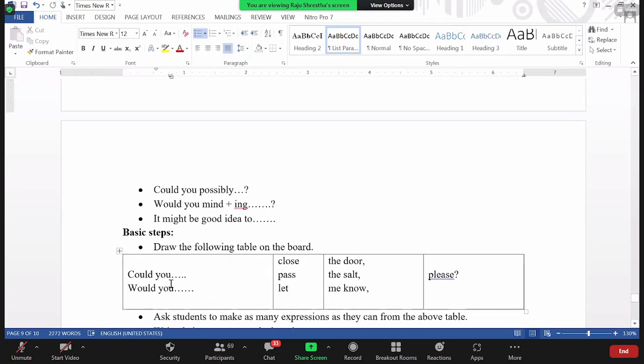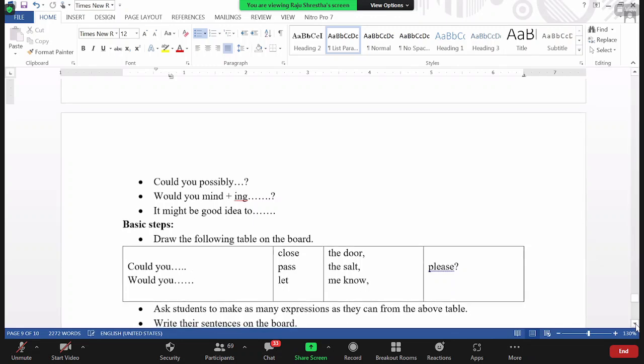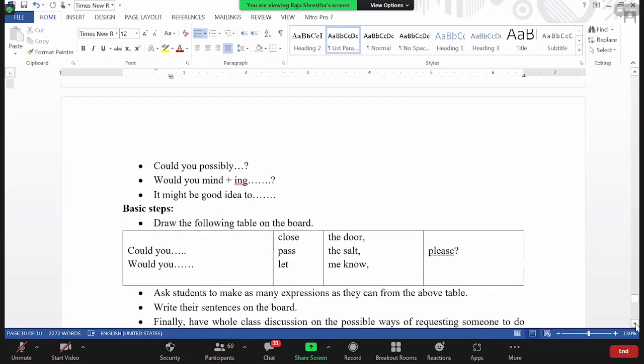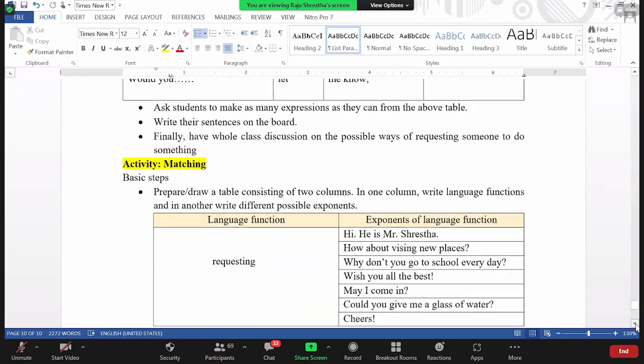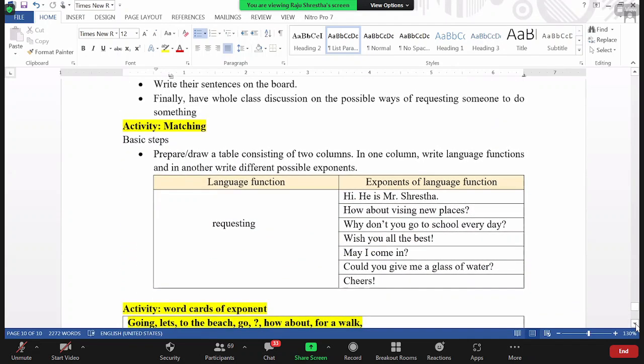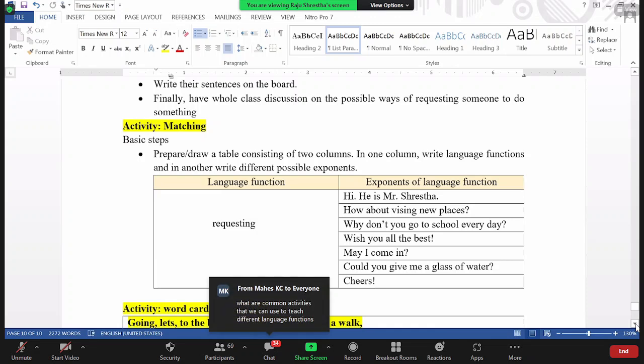Just we make here, like suggesting and requesting. Suggestion also we can write here. We can write expressing good wishes also, introducing also we can write. This is also common. And matching is another common activity for all 20 language functions which are given in the lower secondary English curriculum. We can use it.